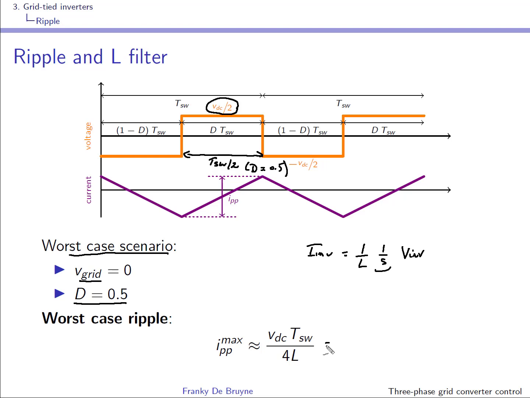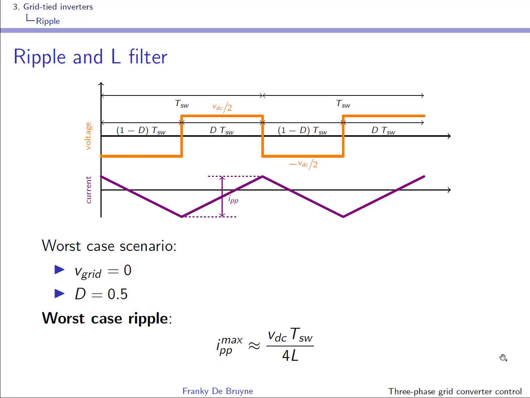It will be 1 over L, coming from here, and then you integrate VDC over 2 for a period of T switch divided by 2, so this will be the increase of current from this point to this point. And indeed we see that the worst case ripple is obtained by this formula over here.